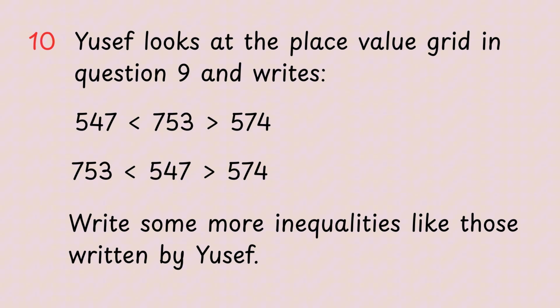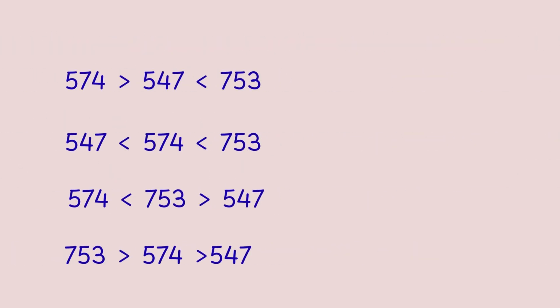So write some more inequalities like those written by Yusuf. 574 greater than 547 less than 753. 547 less than 574 less than 753. 574 less than 753 greater than 547. 753 greater than 574 greater than 547.